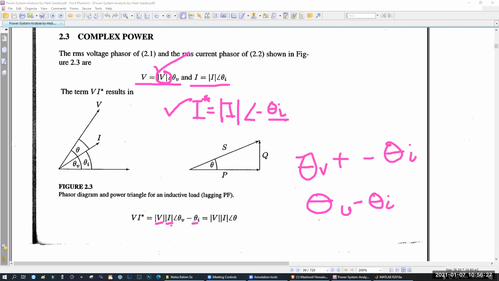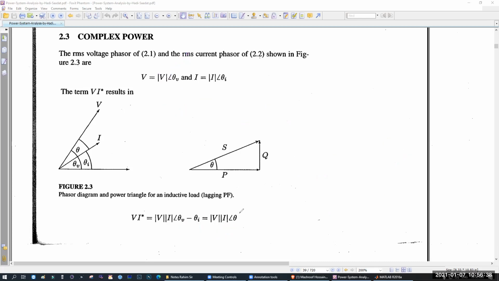That is your angle. If we call this thing theta, this is your theta. Understood? So V I angle theta. Understood, everyone? This is called S.